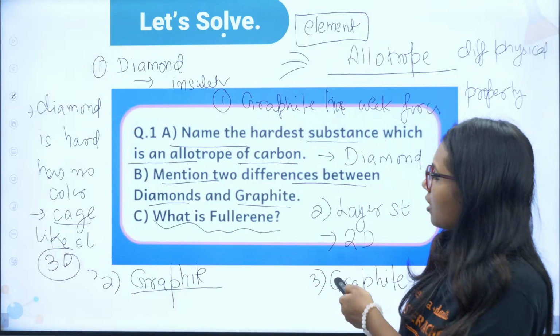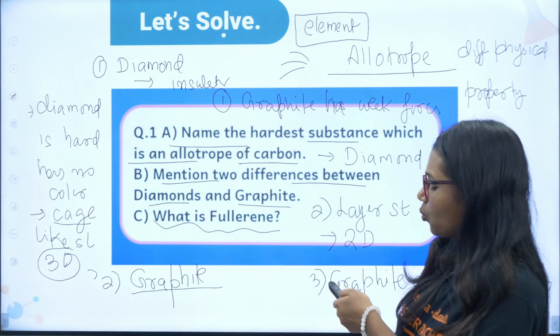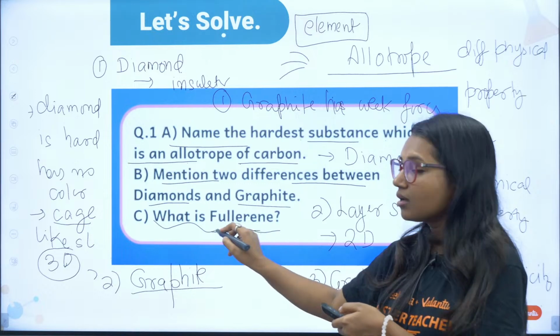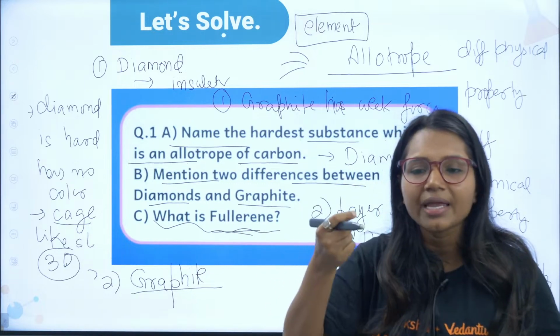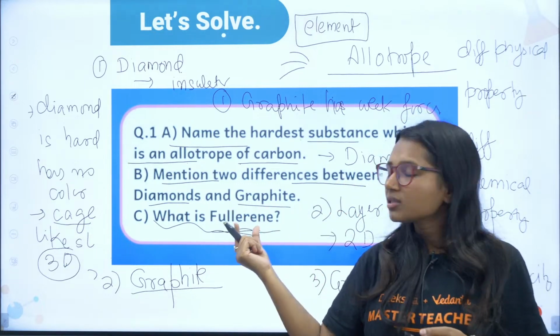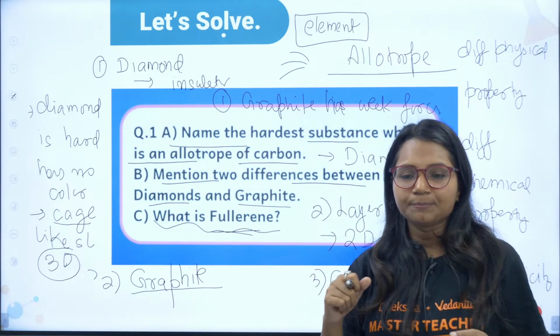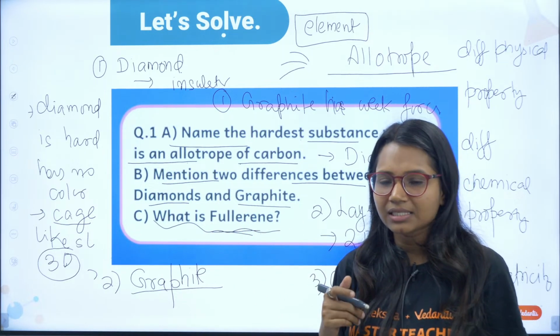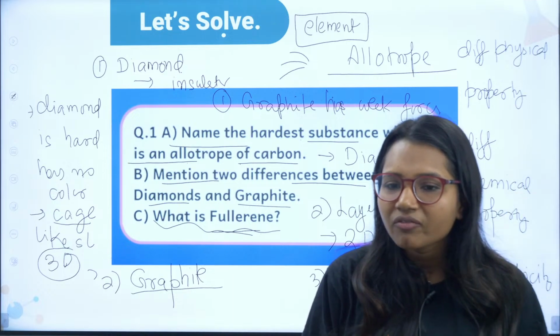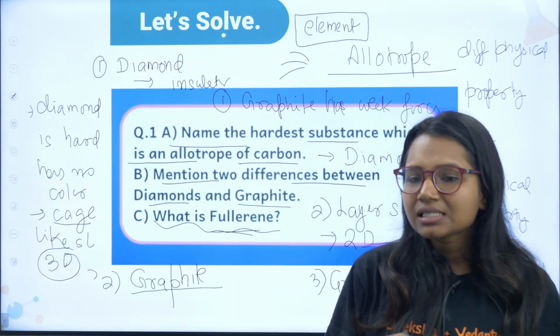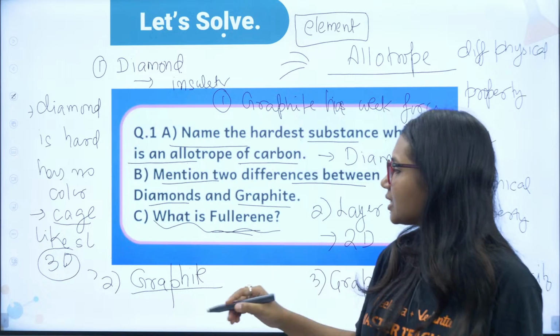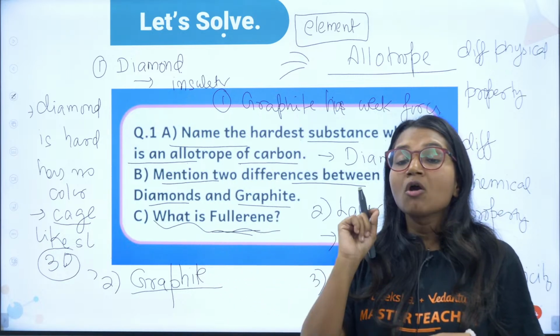What do you get in your mind when you learn about this word fullerene? What do you think about fullerene? Yes. Diamond is a good conductor of heat. Tell me, guys, what do you think about fullerene?